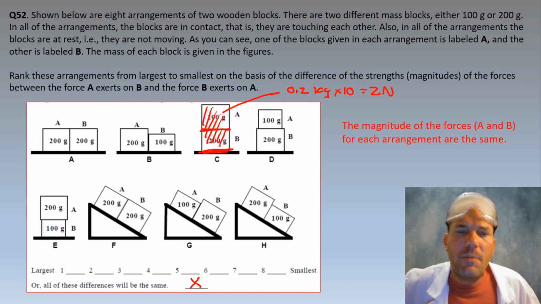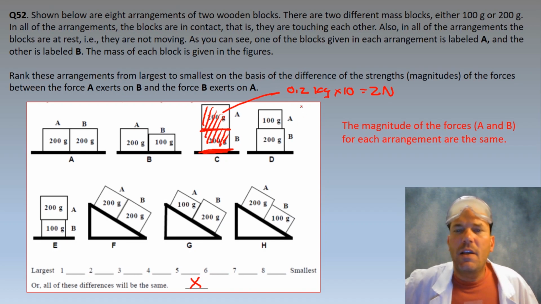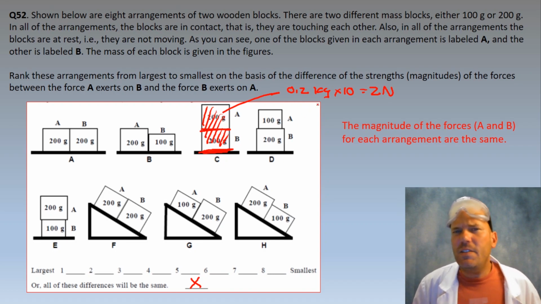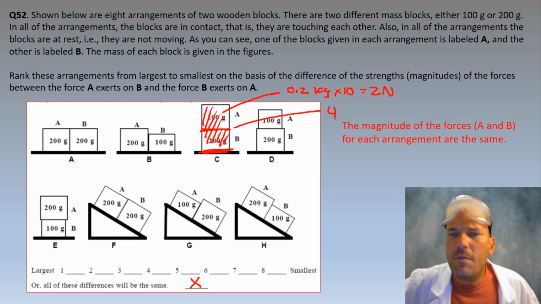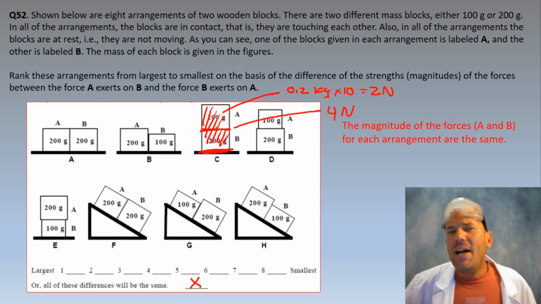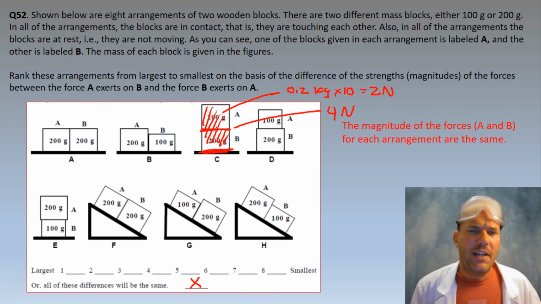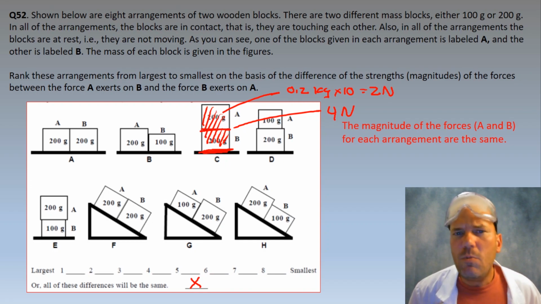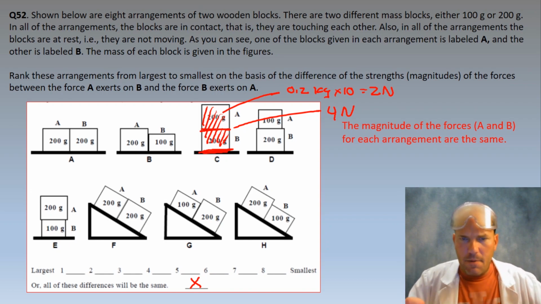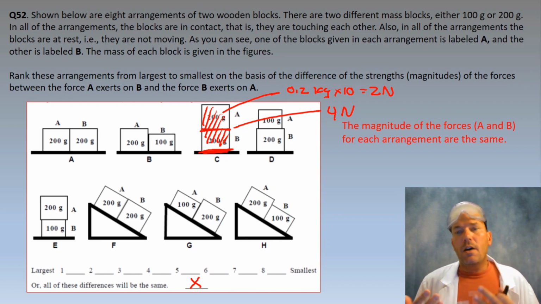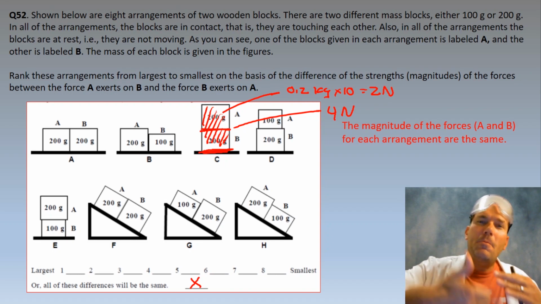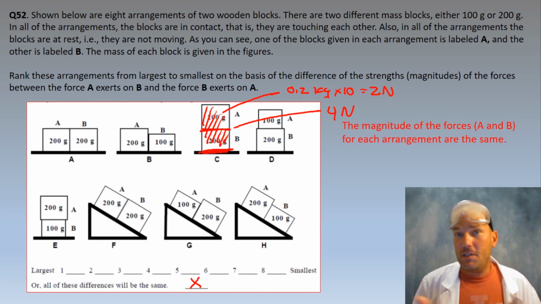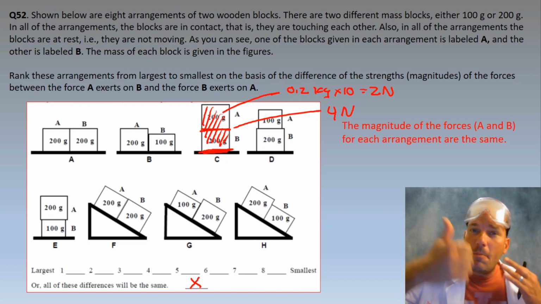Well, you could conceptualize this as one object of mass 4/10 of a kilogram multiplied by 10. So here we would have 4 newtons. So boxes A and B collectively as a system are exerting a downward force on this table of 4 newtons, and that table is exerting an upward force perpendicular, which is actually the normal force, of 4 newtons upward.